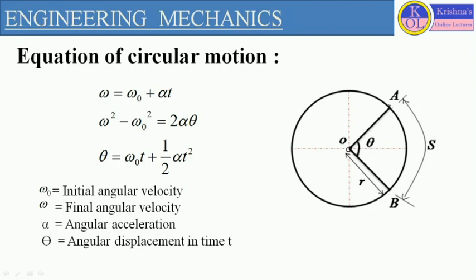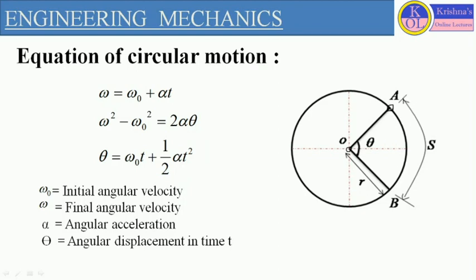So let us consider one particle is placed at one position, that is the initial position of the particle on the circular path. This circle is representing the circular path and the center of the circle is representing the center of rotation, and this OA is representing the distance of the particle from the center of rotation.